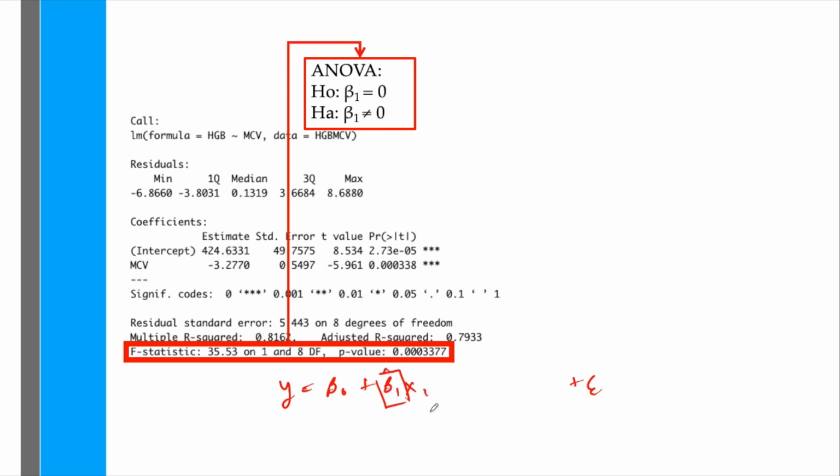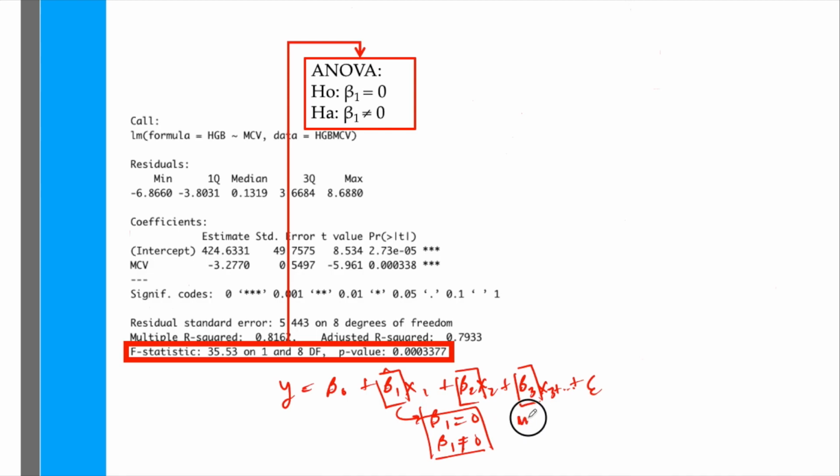So, given this estimate, is beta 1 really 0 or is beta 1 not equal to 0? Now, later, when we proceed with multiple linear regression, we're going to have beta 2. We're also going to have beta 3, and so on. Now, the ANOVA will tell whether all the betas are equal to 0. So in simple linear regression, it's just this one.